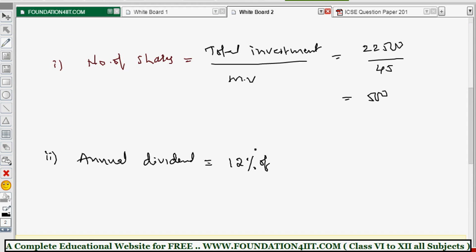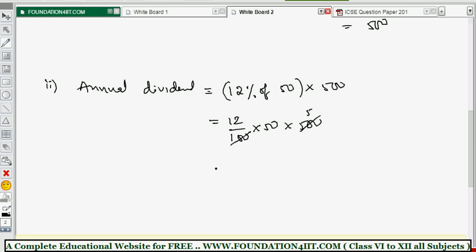Nominal value is 50. This is one share profit, annual dividend, into number of shares, 500. So simplify this: 12 by 100 into 50 into 500. 100 ones are 100, 5s are 5, 12 5s are 60, 60 into 50 is 3000, right? So 3000 is the annual dividend.